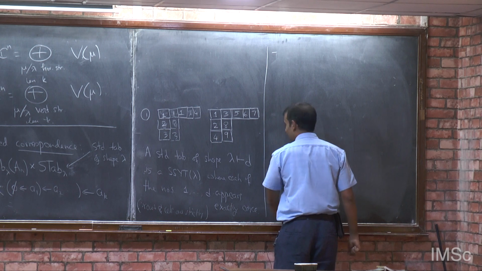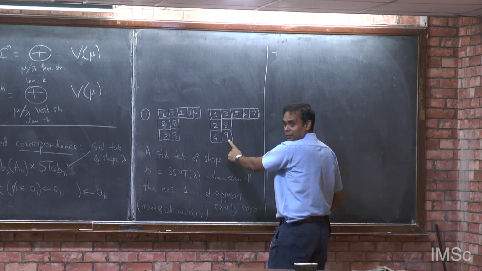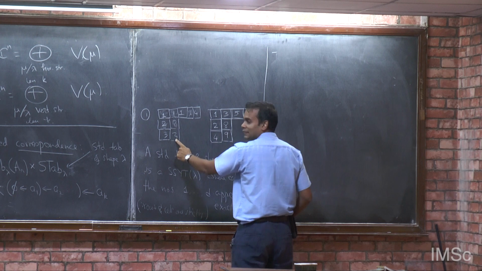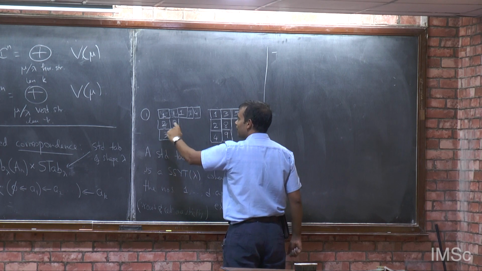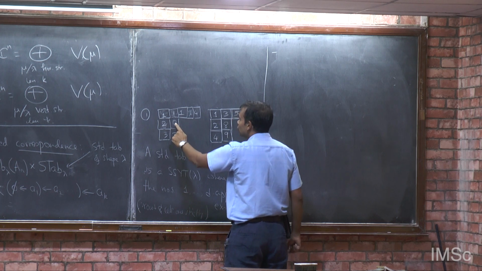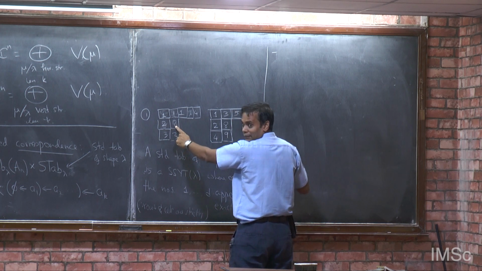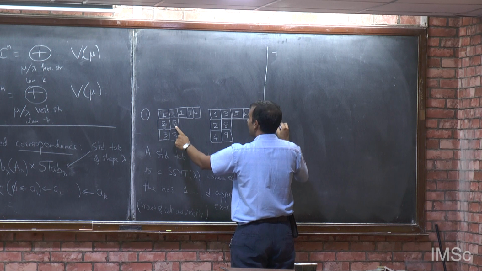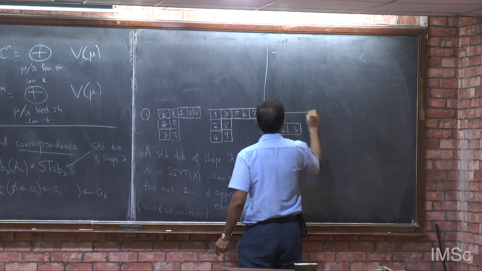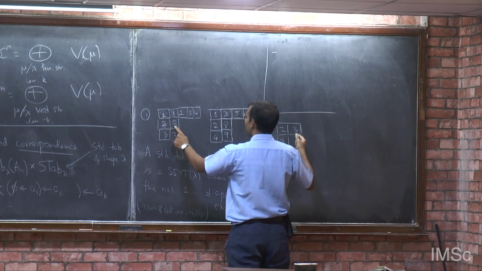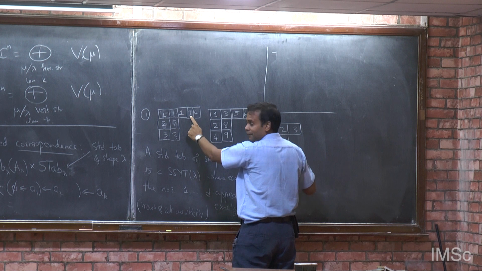So 9 was the last letter to be entered. So I know that this 3 came last. So then this 3 must have been bumped up by something here. So that would have been over here. So what I would have had is 2, 3, 3, and then this 2 would have been bumped up by this 1.